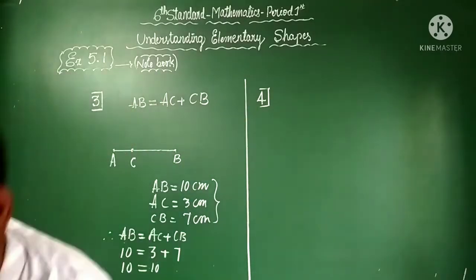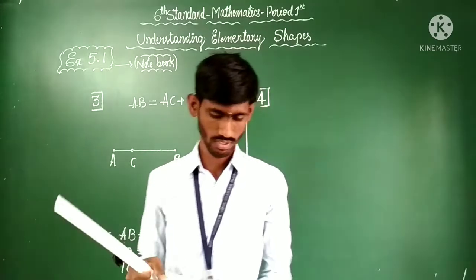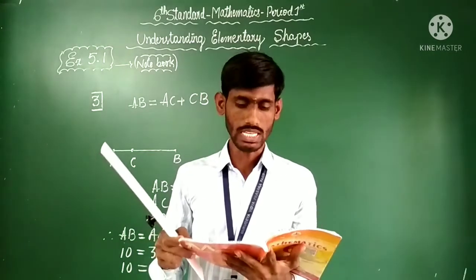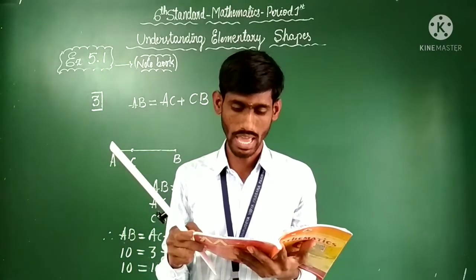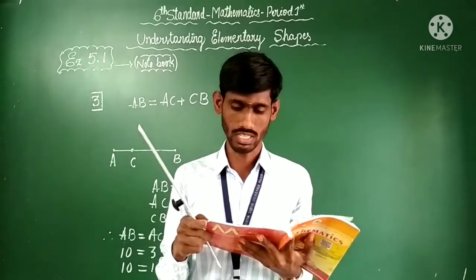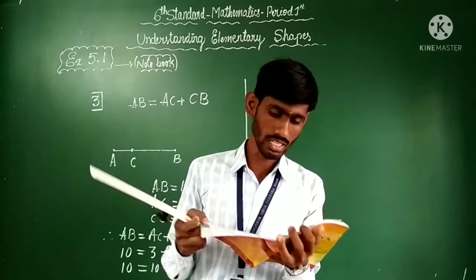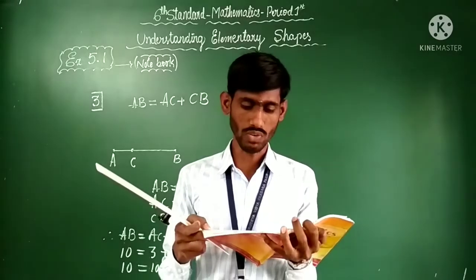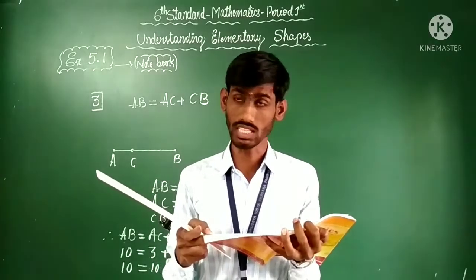Fourth question. If A, B, C are 3 points on a line such that AB is equal to 5 centimeter, BC is equal to 3 centimeter and AC is equal to 8 centimeter, which one of them lies between the other two?